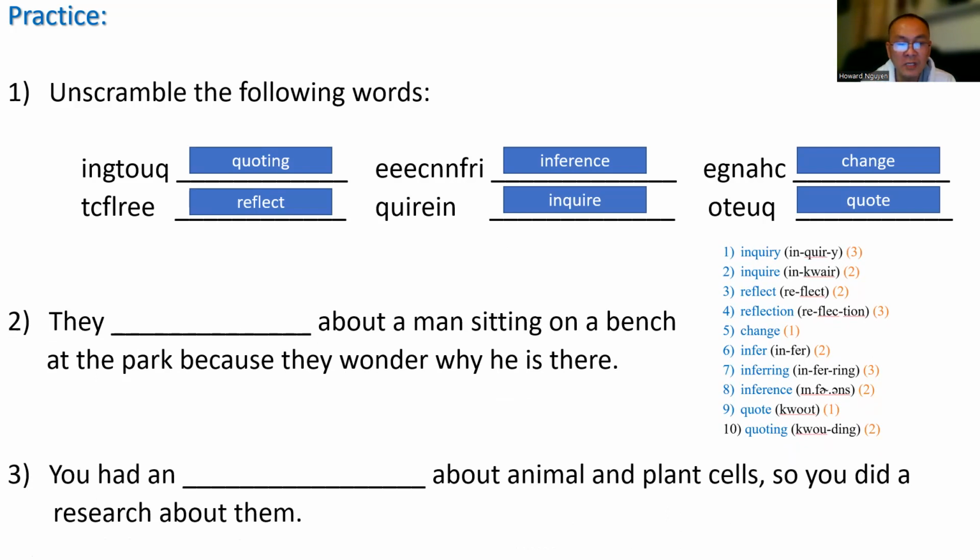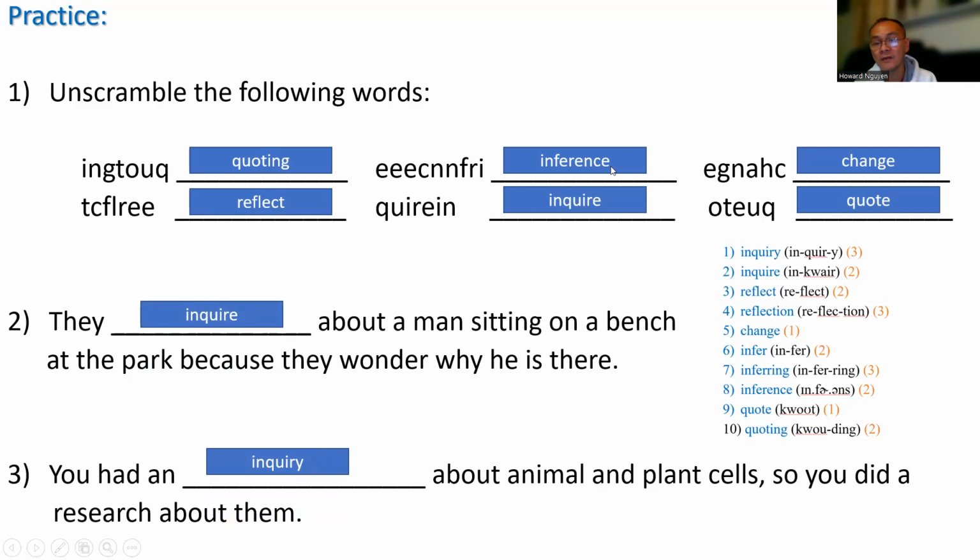So you did research about them. So if you put inquire, because you need a verb, this is your subject, this is your verb. Here you had what? This is your subject, this is your verb. You had an inquiry, so you're looking for a noun. So if you get all of these correct, congratulations. Give yourself a round of applause.